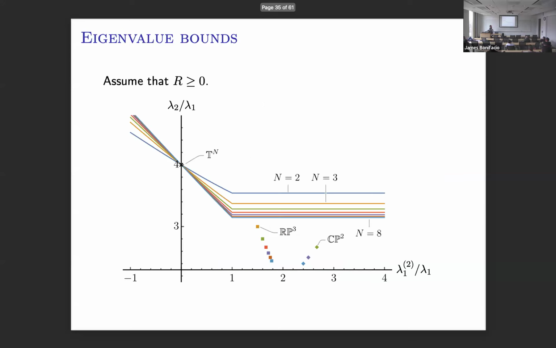Okay, so here's the first kind of bootstrap bound for Einstein manifolds that we can get. Here I'm assuming that the Ricci scalar is non-negative, and I'm showing an upper bound, shown by these colored lines, for the different dimensions of the internal space. The y-axis is the ratio of the first two non-zero eigenvalues of the scalar Laplacian, and the horizontal axis is the first spin 2 eigenvalue divided by the first spin 0 eigenvalue.